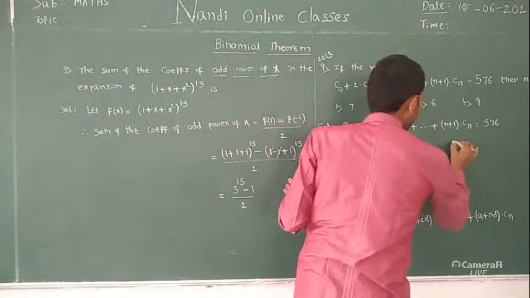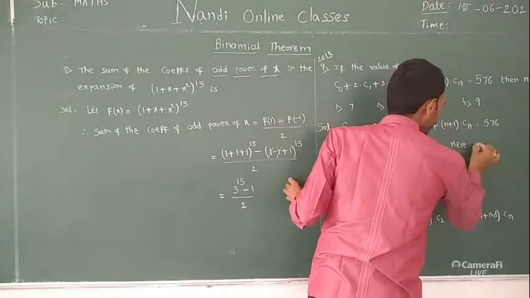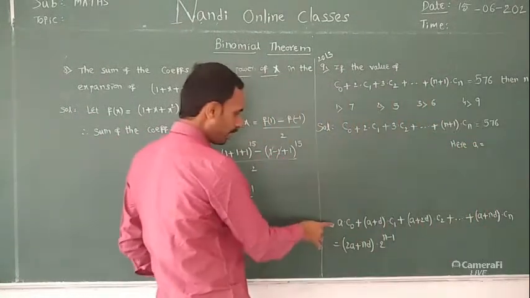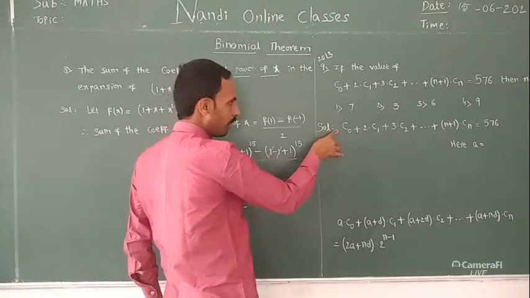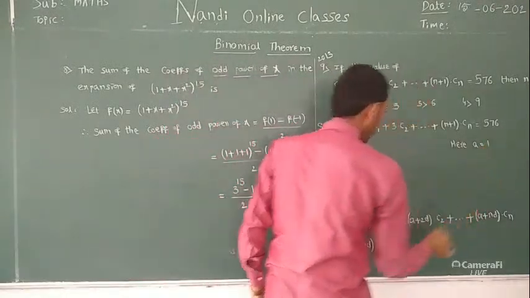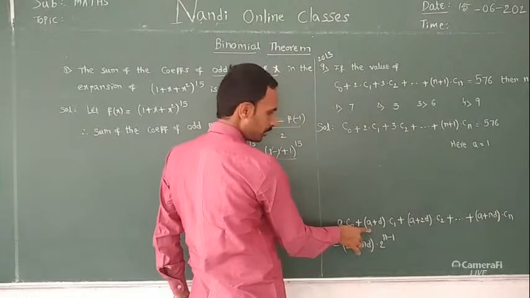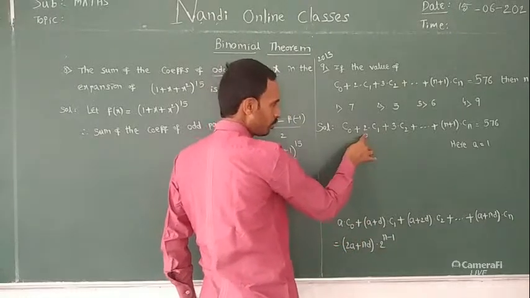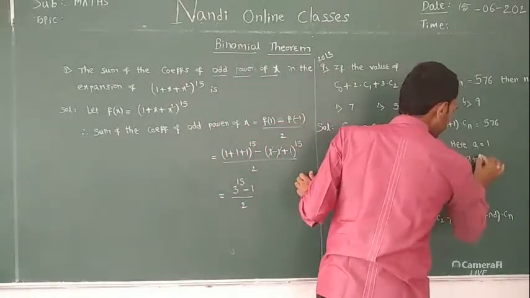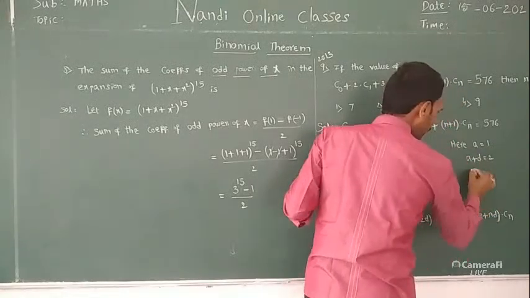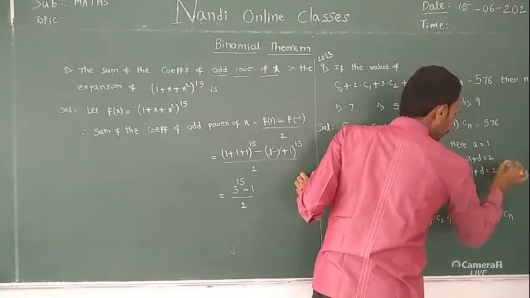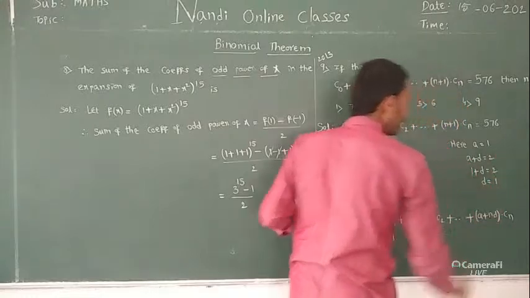Here, by comparing, the A value is 1. The C1 coefficient is A plus D, here the C1 coefficient is 2. So A plus D is equal to 2, 1 plus D is equal to 2, D is equal to 2 minus 1, which is 1.